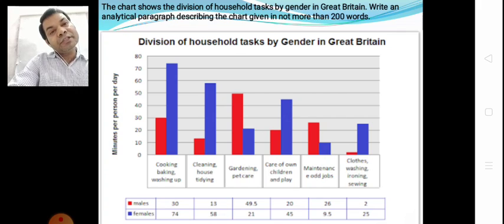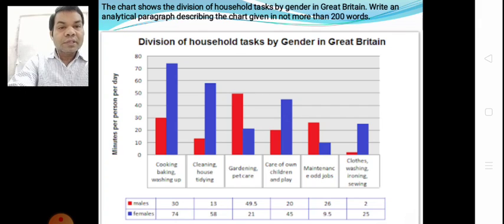Millions per person per day. Cooking, baking, washing up. So here red indicates males while blue indicates females. So here you can see, dear students, male works 30 million.